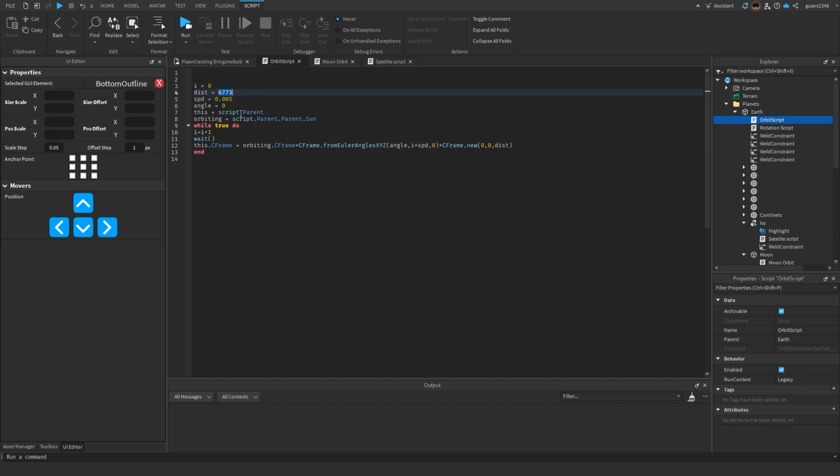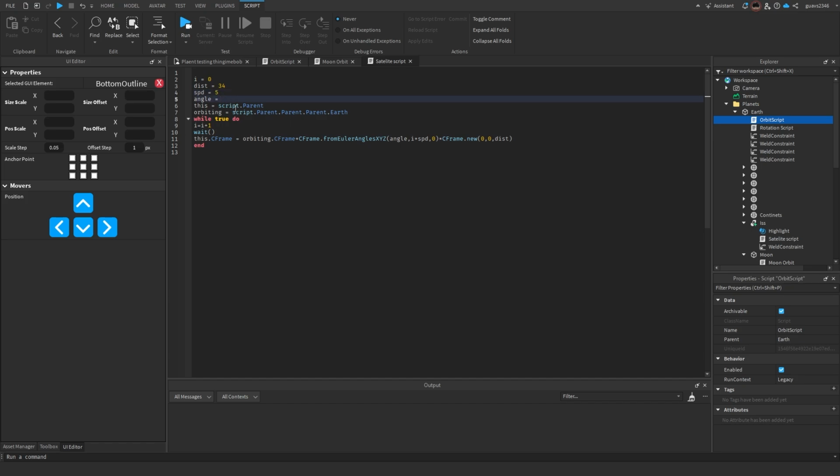Now distance could be 173. Then the satellite could be at an angle of 23 degrees. And the speed could be 0.00051.